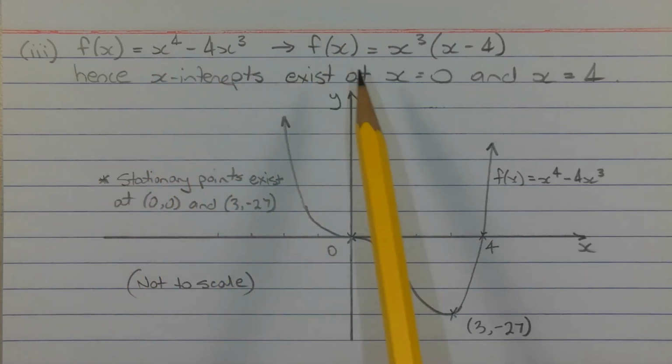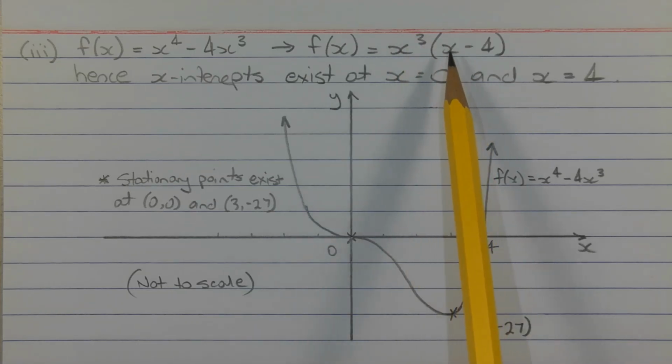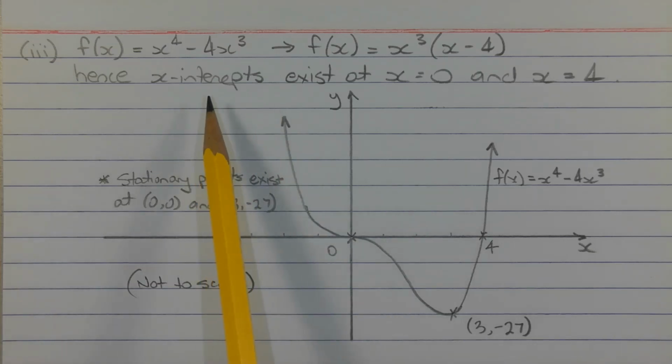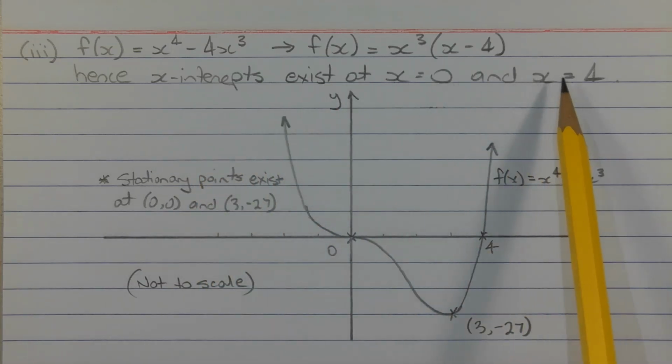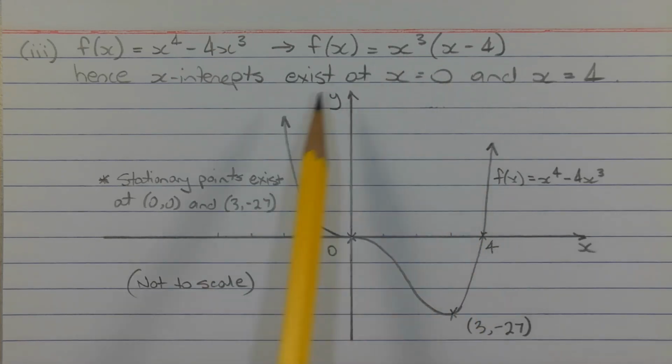So f of x can be written as x cubed times x minus 4 in brackets. Solving f of x equals 0, in other words, let y equal 0 to find the x-intercepts, we get x-intercepts at x equals 0 and x equals 4. Recall from part 2 that at x equals 0, we have a horizontal point of inflection.